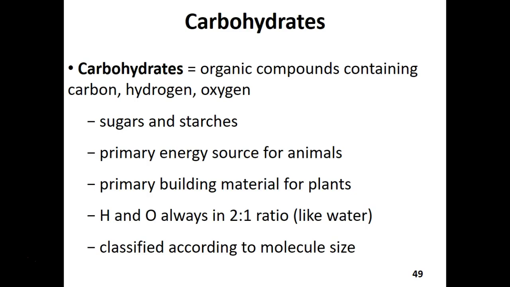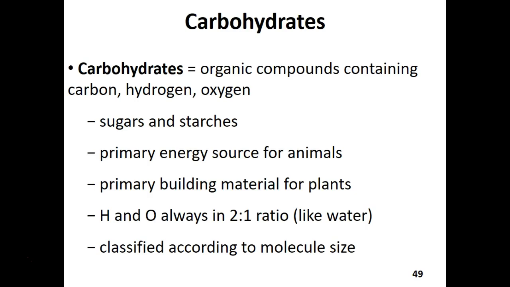Typically, you're going to have an example that most of you will have heard at some point, and if not, you hear it here now. Glucose is made up of carbon, hydrogen, and oxygen. The chemical formula of glucose is C6H12O6. So you have 6 carbons, 12 hydrogens, 6 oxygens, a 1:2:1 ratio of carbon to hydrogen to oxygen.